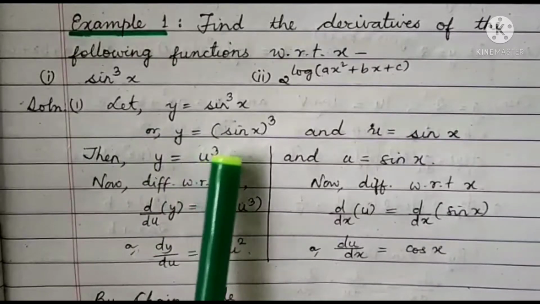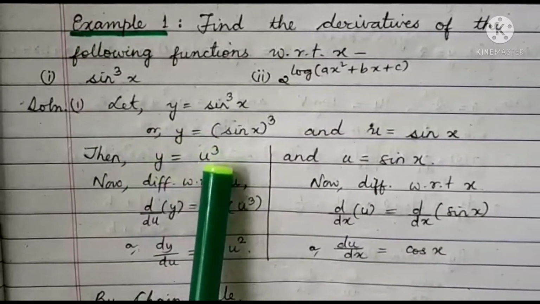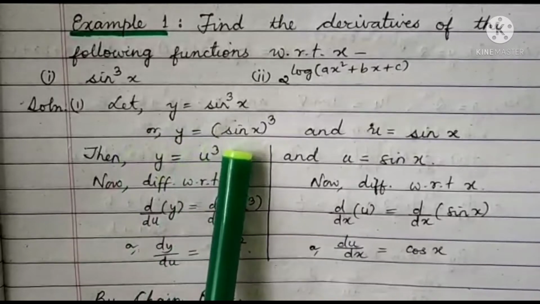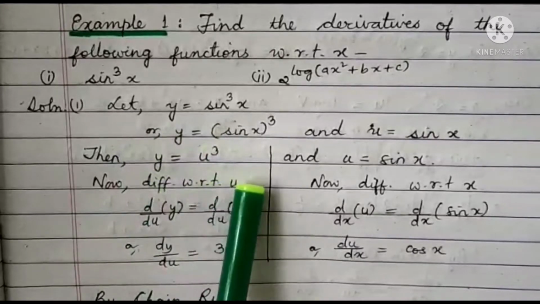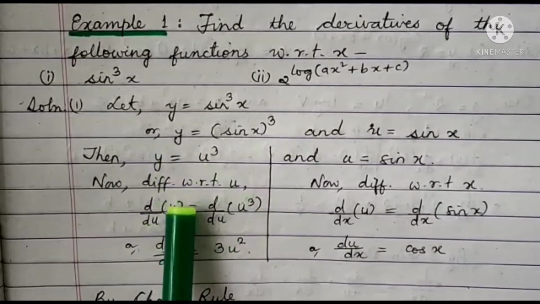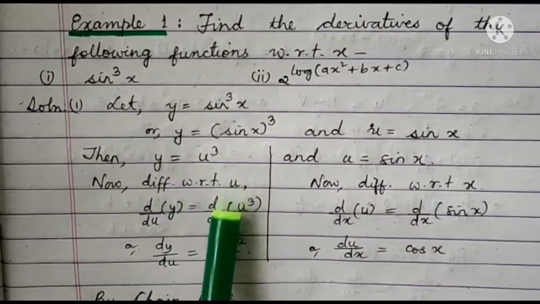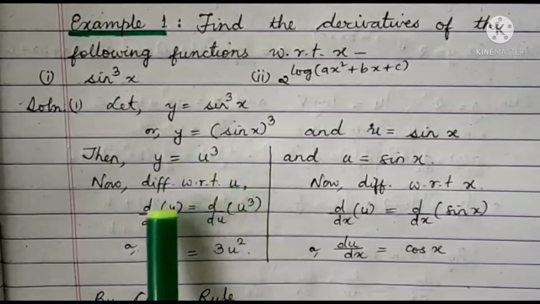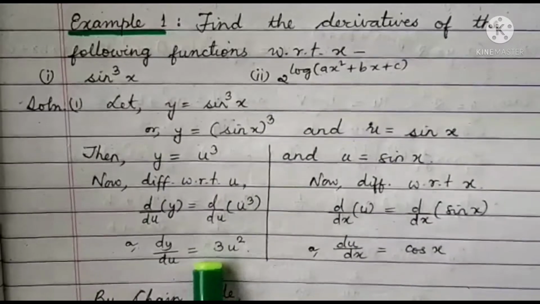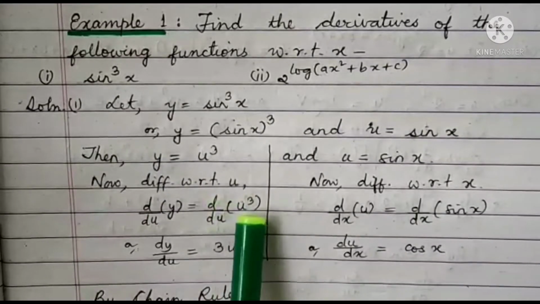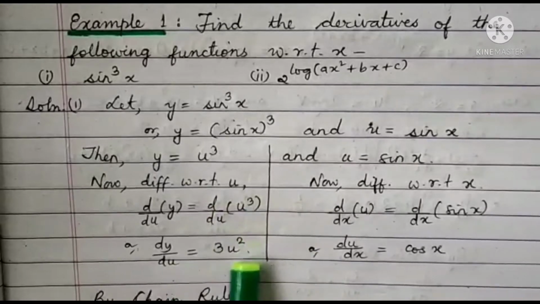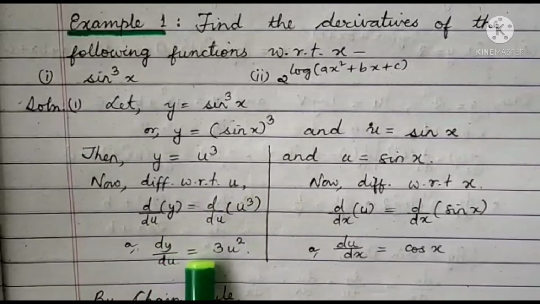Differentiate with respect to u: d by du of y equals d by du of u cube. That gives dy by du equals 3u square. Simple enough. So you got the value of dy by du as 3u square.